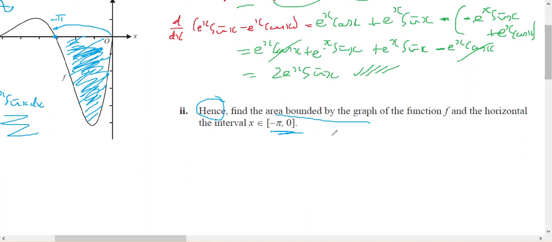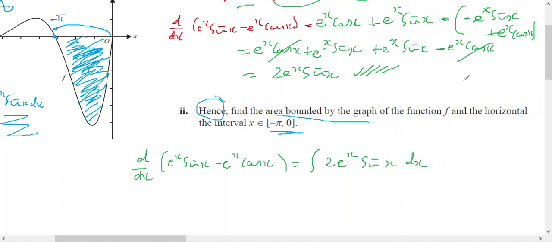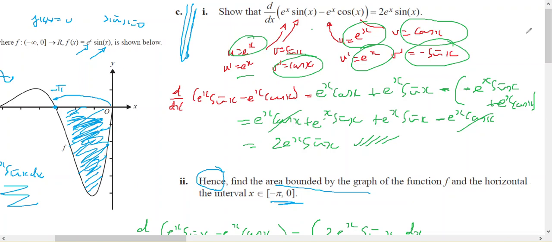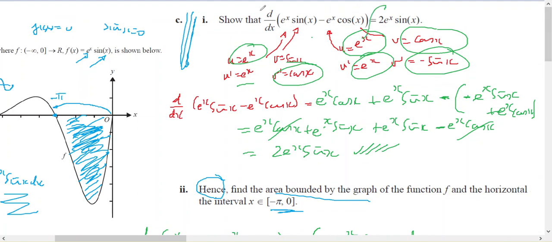So now that I've shown that, d dx of e to the x sine of x minus e to the x cos of x equals 2e to the x sine of x. I know that from this first line. If I was to integrate both sides with respect to x, then the integral of the derivative of the inside just equals the inside.